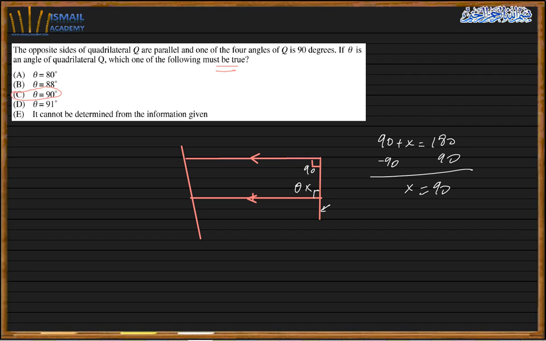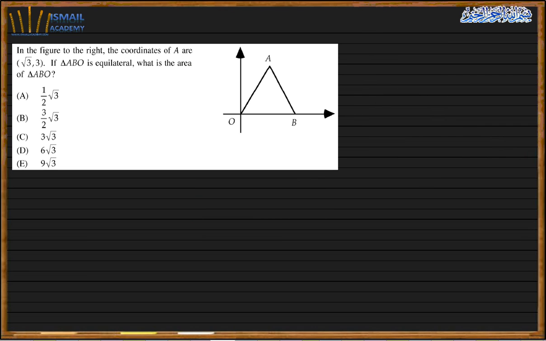In the figure to the right, the coordinates of A are square root of 3 and 3, which means the height is 3, and from here to here is square root of 3. If triangle ABC is equilateral, this side equals that side and equals the base.